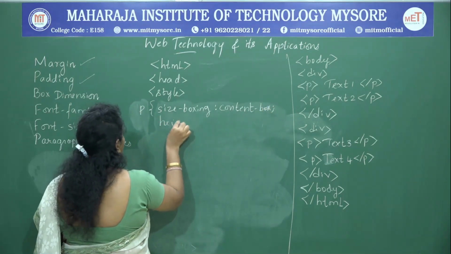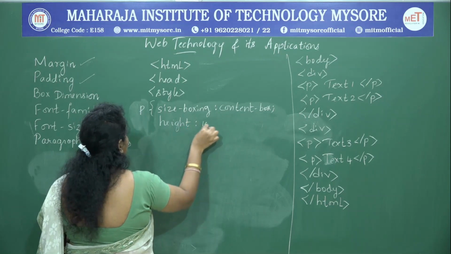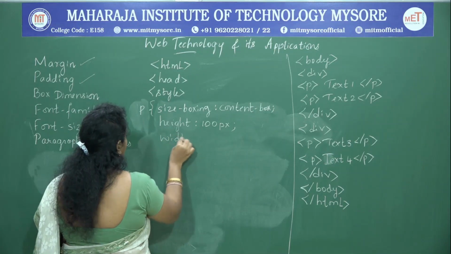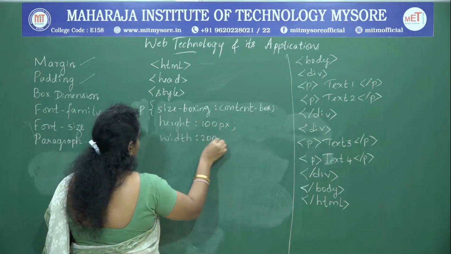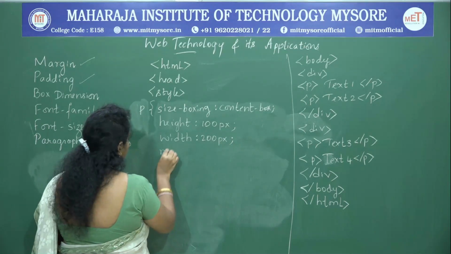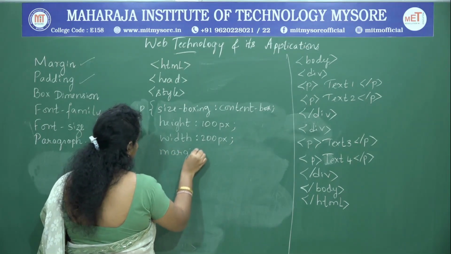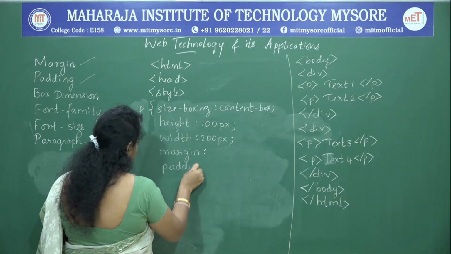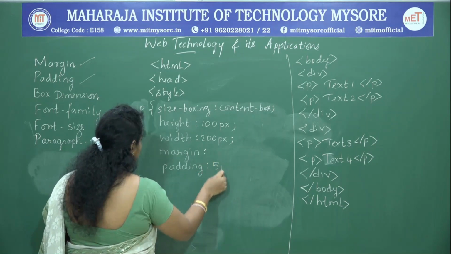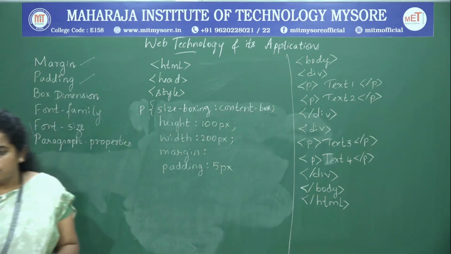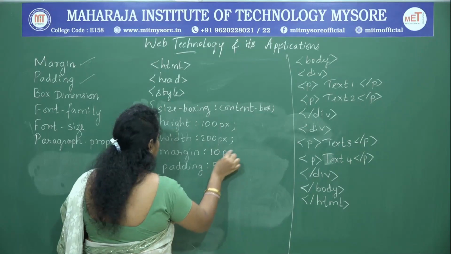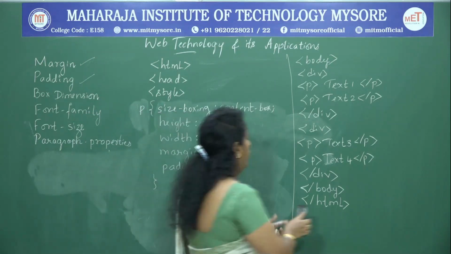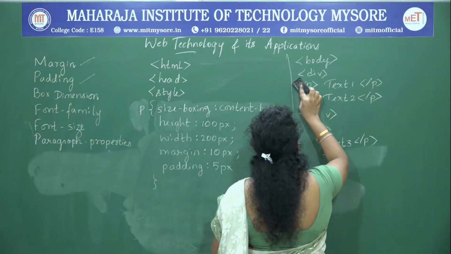I will give height as 100 pixel and width as 200 pixel, also padding 5 pixel and margin as 10 pixel. Okay, so now here is the body. So finally I am going to write this.